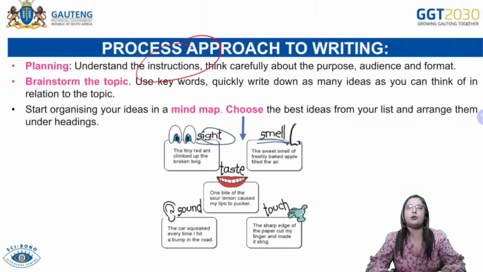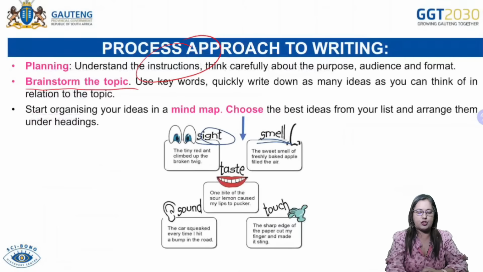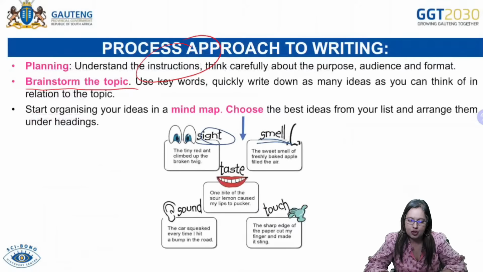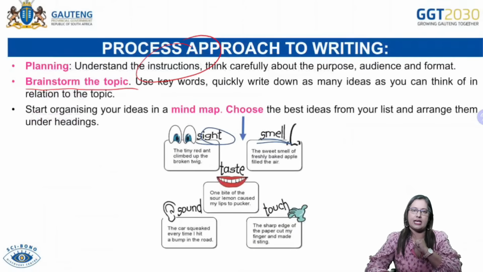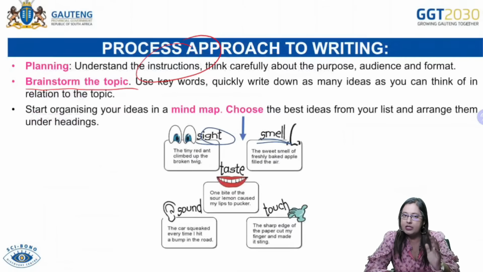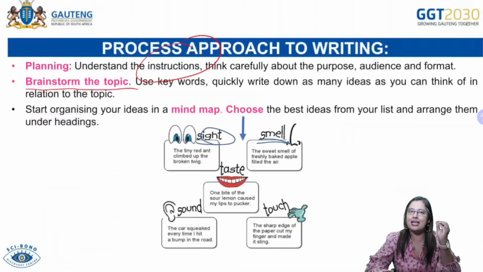The next part that's very important is the brainstorming of the topic. Now, you have been given a topic and it says to you, please write the essay out on any of these topics, okay? For example. So look for the keywords. In other words, what is the examiner wanting from me when I read that question? All right?